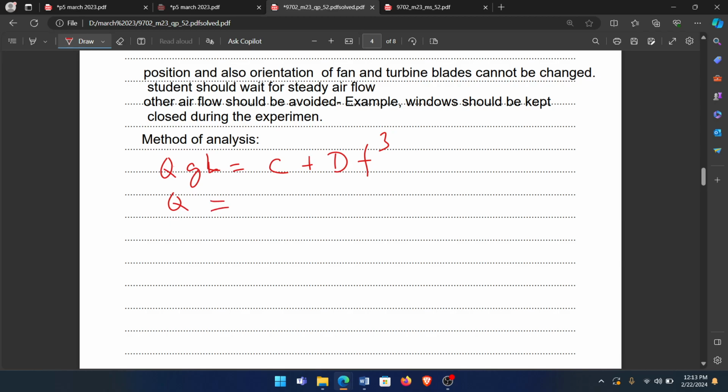So it will be Q = C/(GH) + D/(GH) times F Q. Now it has y = c + mx nature.